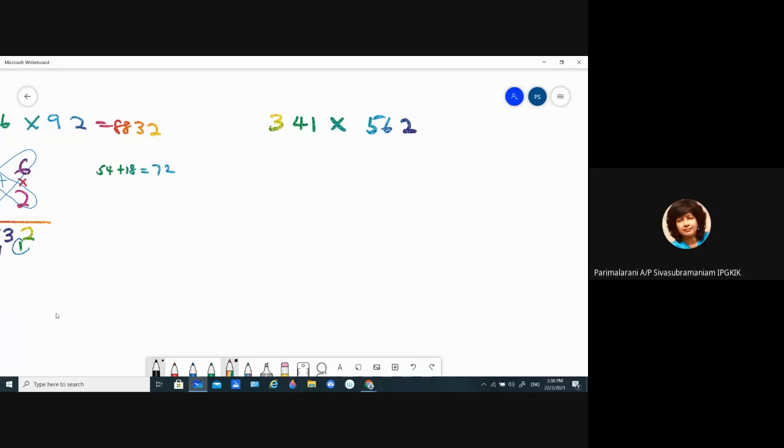Anyone know how to do this? Can you guess how to do this? Okay, let's try this.